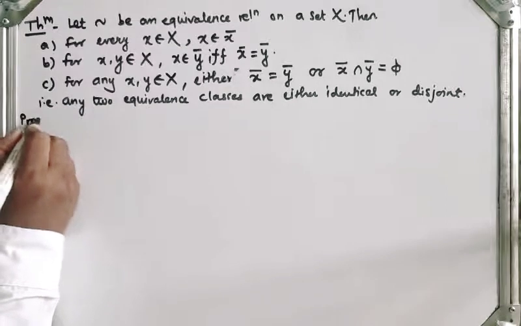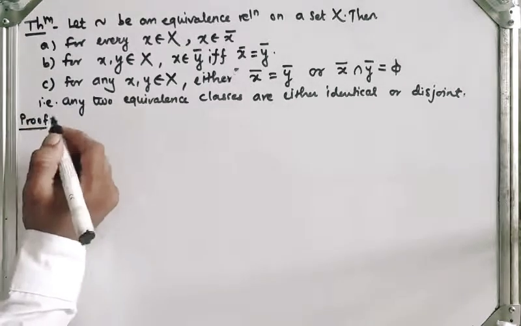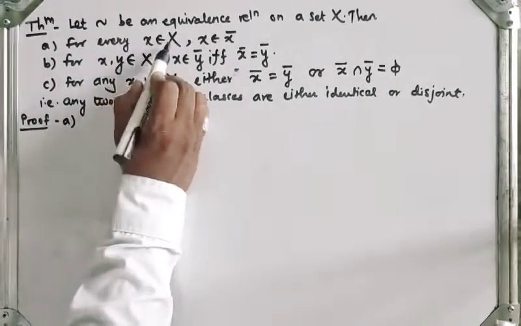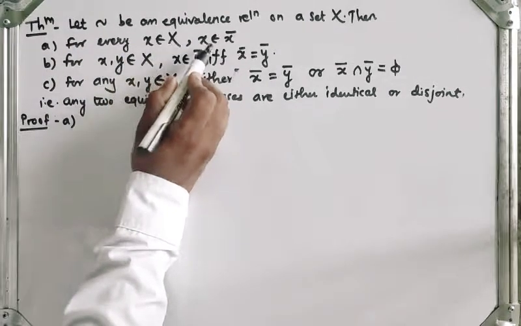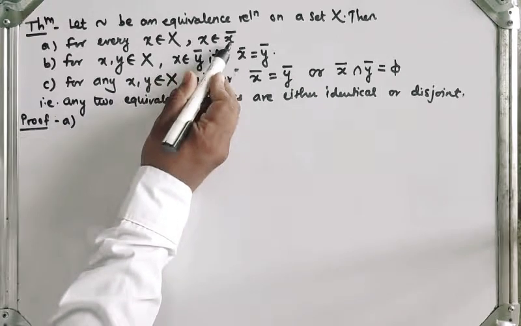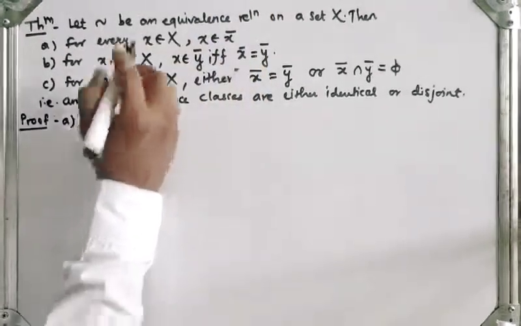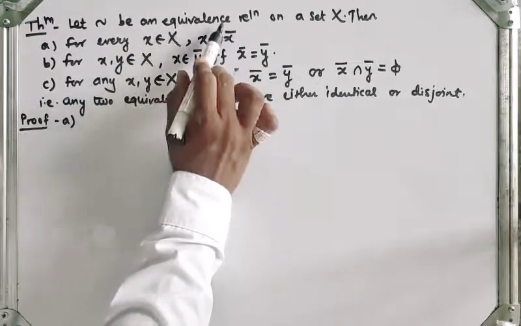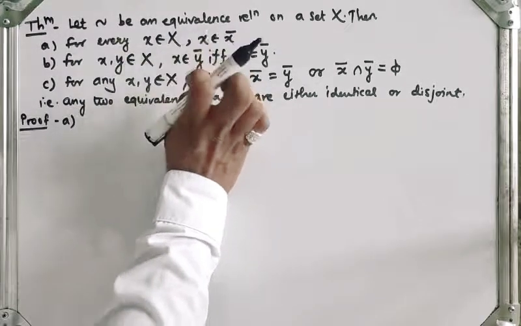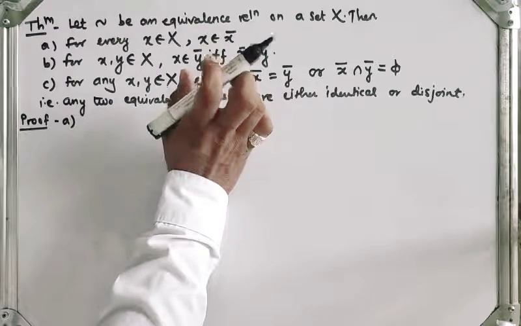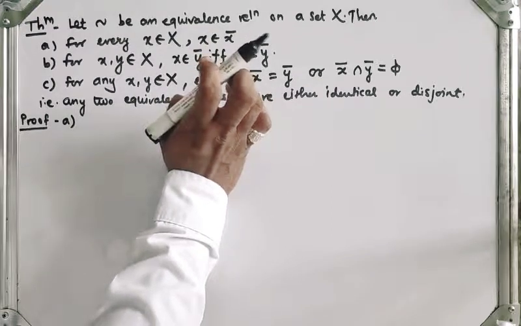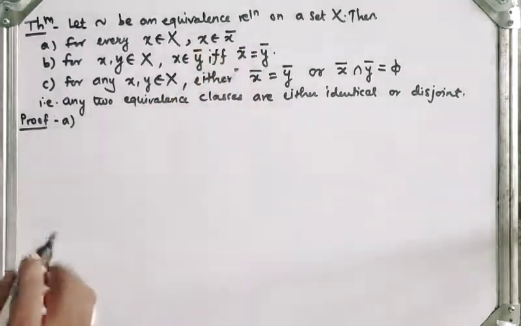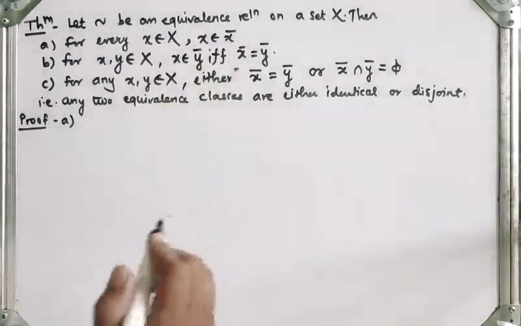Proof of the theorem. First we have to prove that if x belongs to set X, then x belongs to the equivalence class of x. Since tilde is an equivalence relation, tilde satisfies three conditions: first, reflexive relation, second, symmetric relation, and third, transitive relation. So first we will see reflexive.